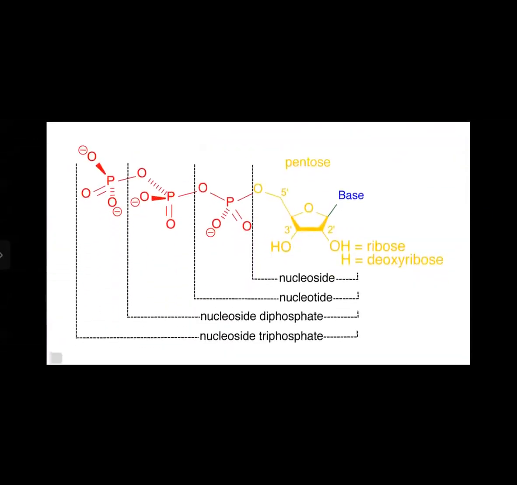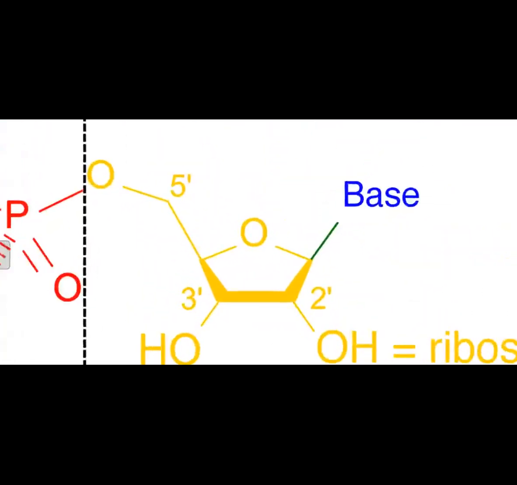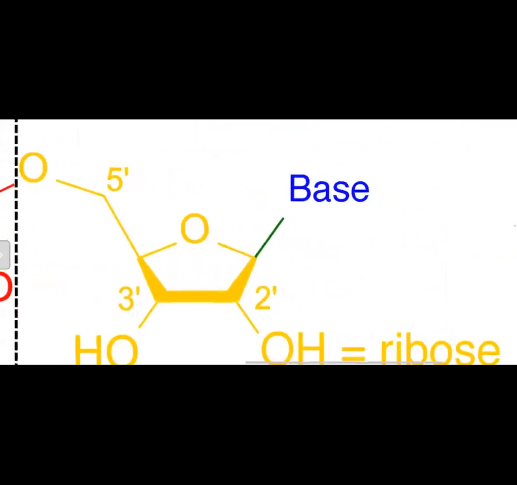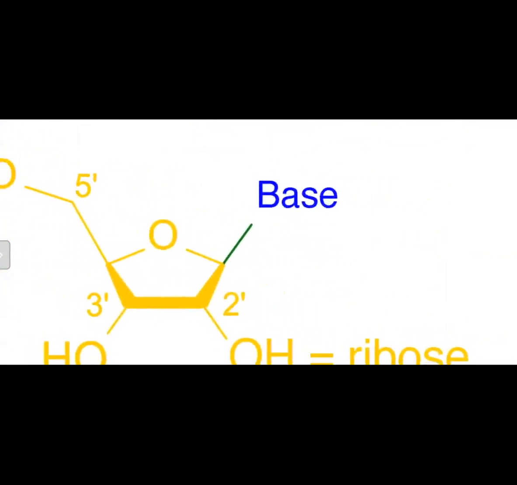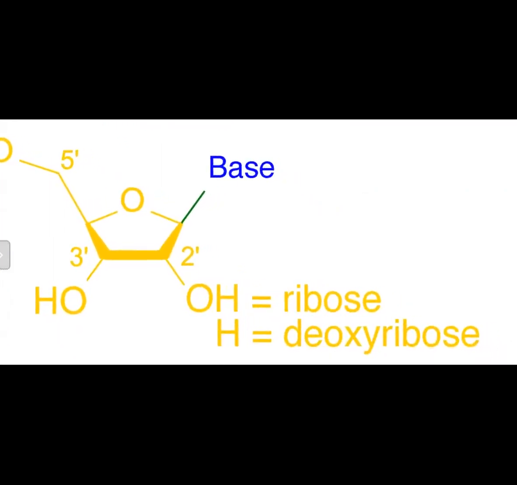this ATP molecule. If you see here, this is the pentose sugar, and the C1 carbon is attached to the nitrogen base. If OH is present on the second carbon, it is called ribose. If only hydrogen is present on the second carbon, it is called deoxyribose.